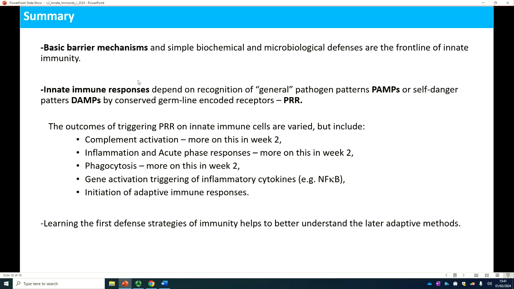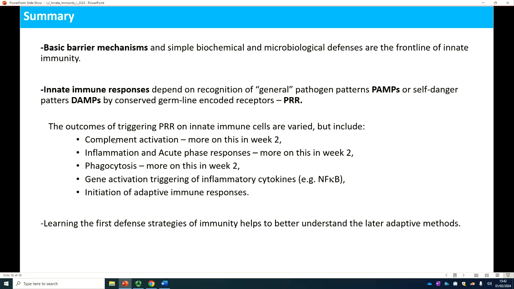The innate immune response depends on being able to recognize general pathogen-associated molecular patterns, and these are recognized by PRRs, and the PRRs can also recognize damage-associated molecular patterns that will signal damage that can be generated via a pathogen, a virally infected cell, or transformation in terms of cancer.